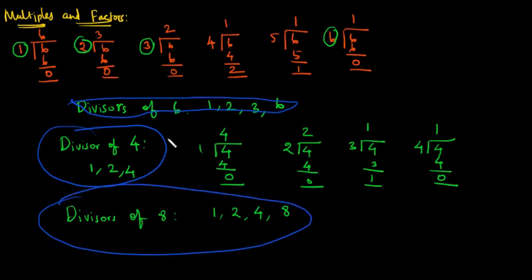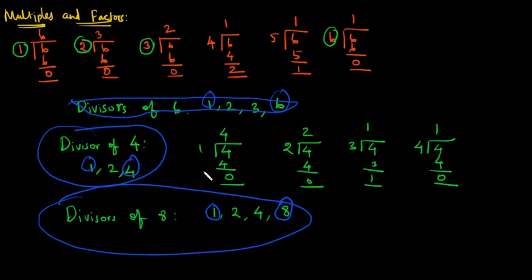You can see that in all the divisors you have 1, and you have the number itself. If you have 6, you will have 6. So the divisors will always have 1 and the number itself.